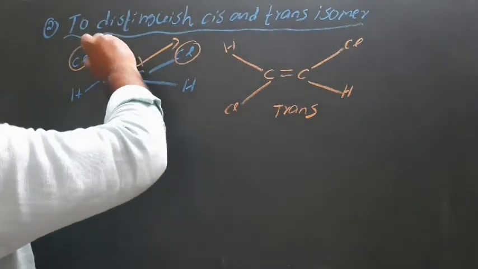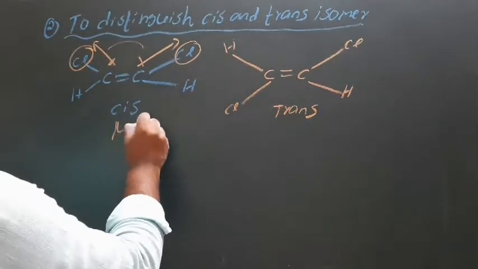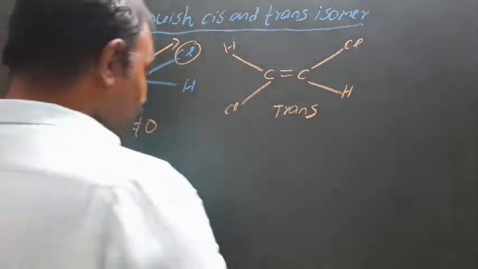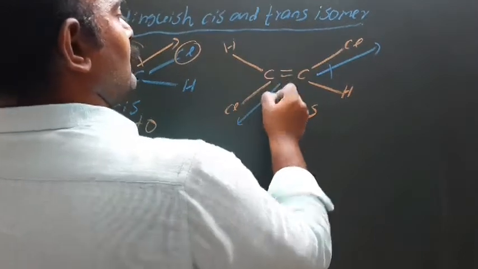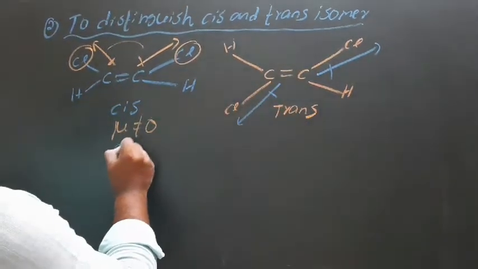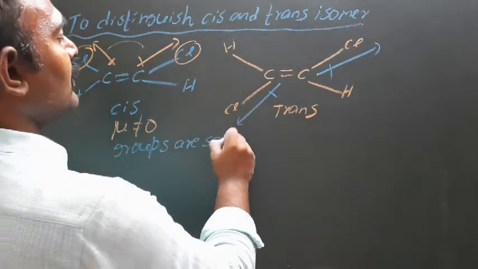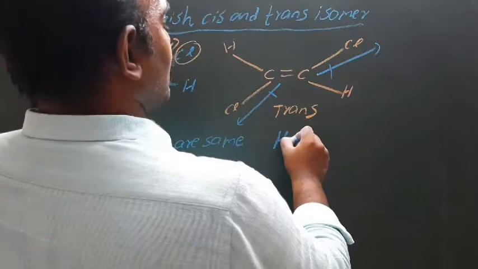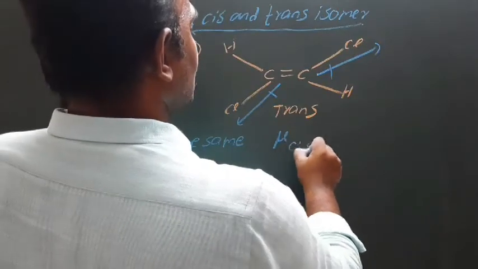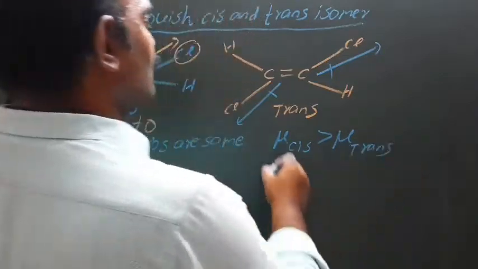Here also the bond moment is towards the chlorine. Some angle exists, so in this case the dipole moment is not equal to 0. In the other case, the dipole moment becomes what? 0. That means if the groups are the same, nothing but surrounded atoms the same, the dipole moment of the cis isomer is greater than the dipole moment of the trans isomer.